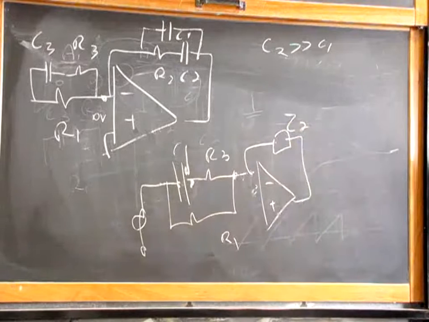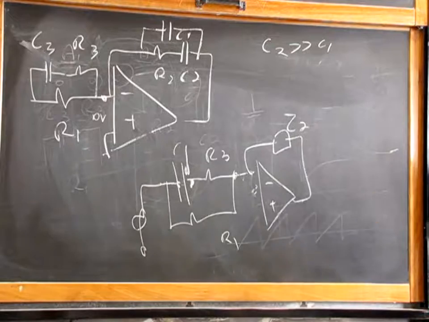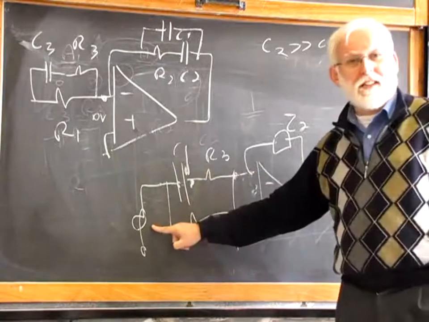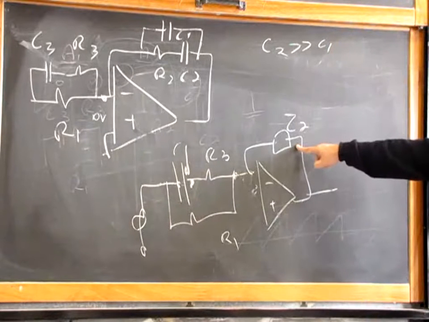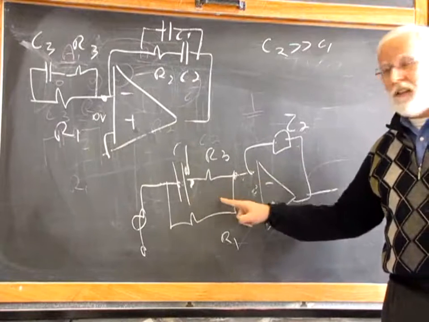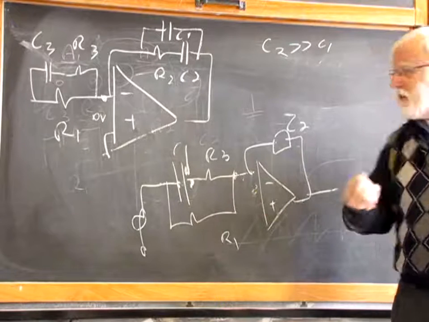what does the zero mean? Transmission zero means that there is nothing at the output. There is 0 voltage at the output. So in order to get a transmission zero, to have nothing here, even if you put a voltage over there, it means that either you have to have Z2 that goes to infinity, that's not the case, or you have to have here this impedance going to, I made a mistake, sorry.